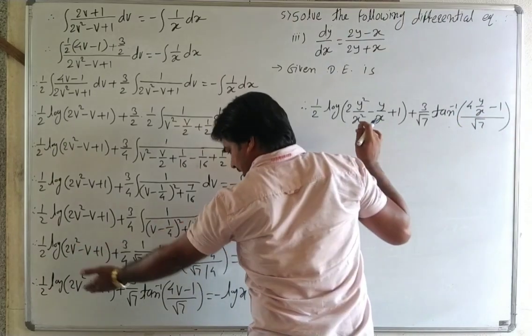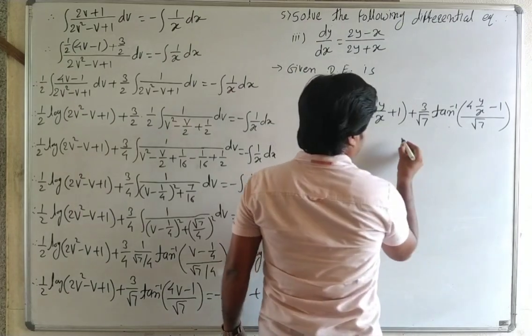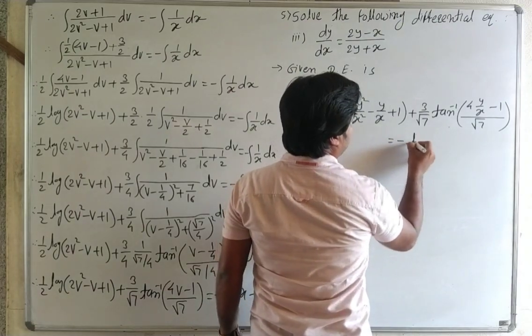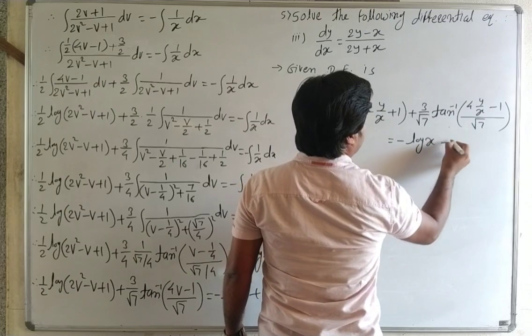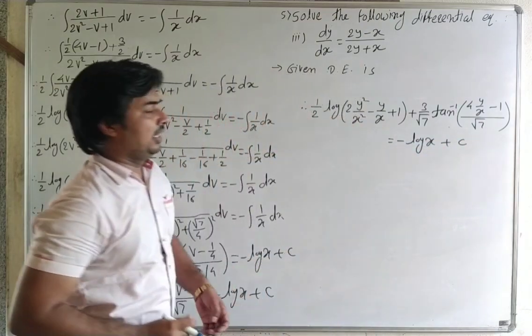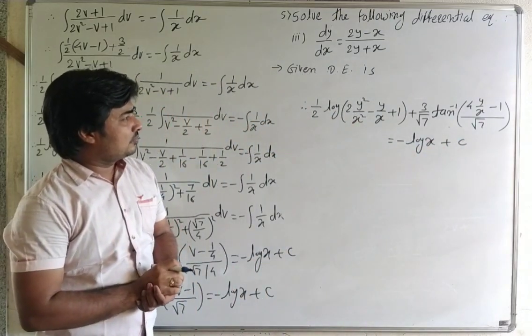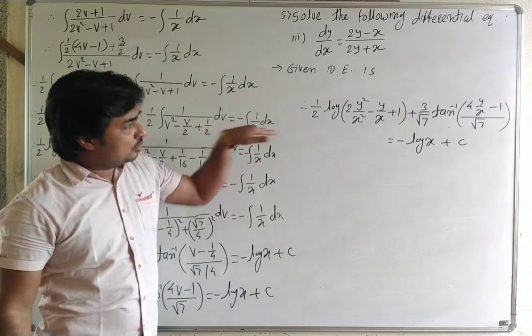Okay, it is the LHS of the solution, and the RHS is equal to minus log x plus c.